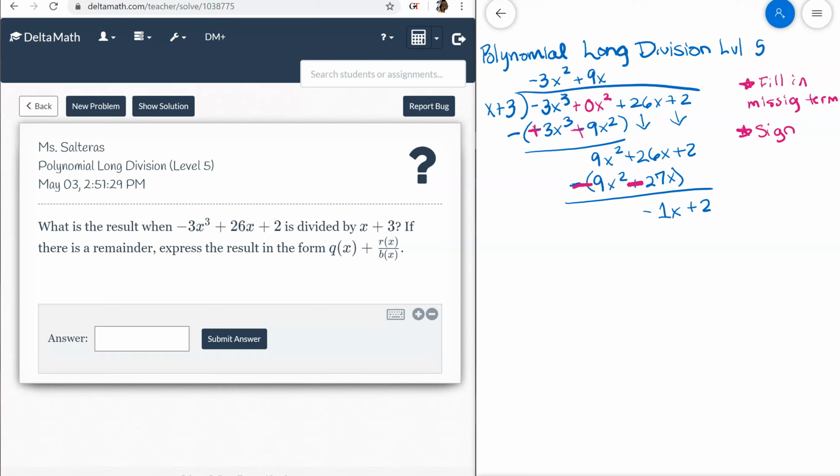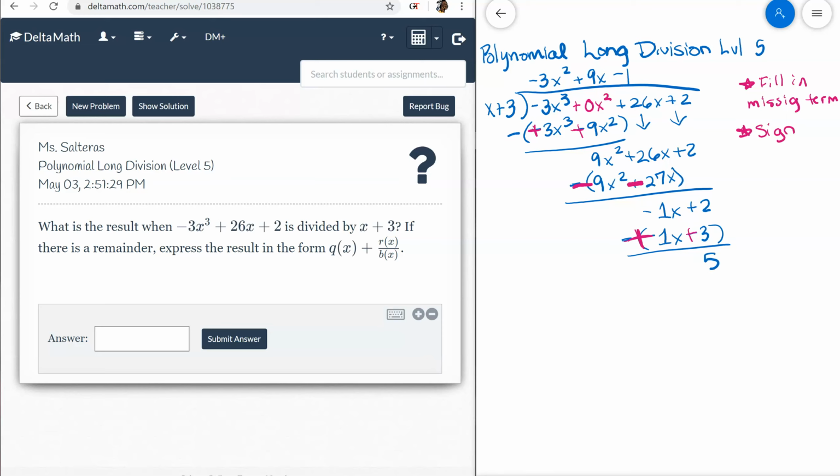So x multiplied by negative 1 gives me my negative 1x. So negative 1x minus 3, and then parentheses, minus sign, switch the signs, so this becomes positive, and this becomes positive. That cancels out, and then 5 is your remainder.